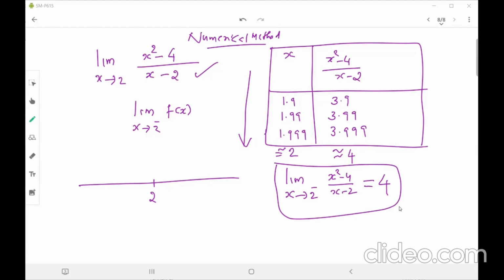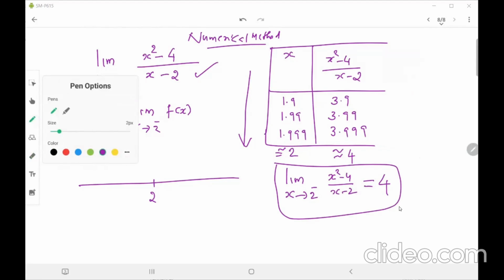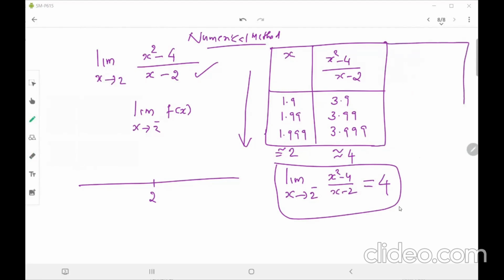Same process I do for the right side also. The same thing I do for the right side values of this. So what I am getting, you can see. Here, this is x and this is x square minus 4 by x minus 2.